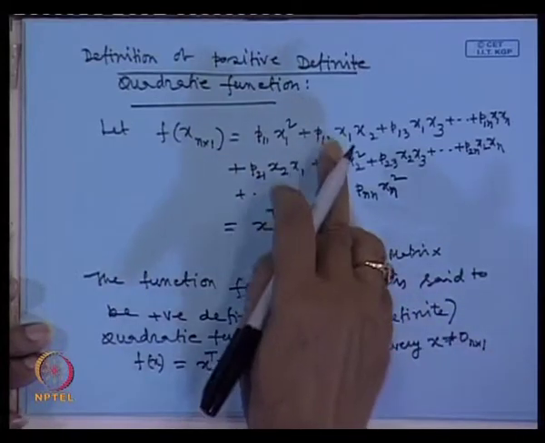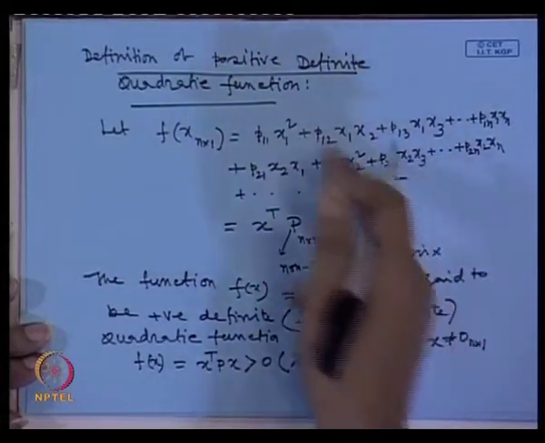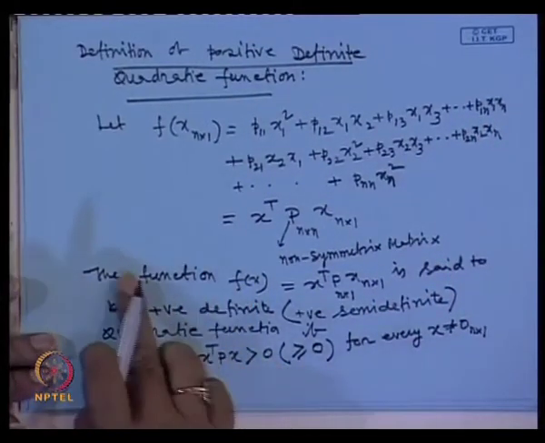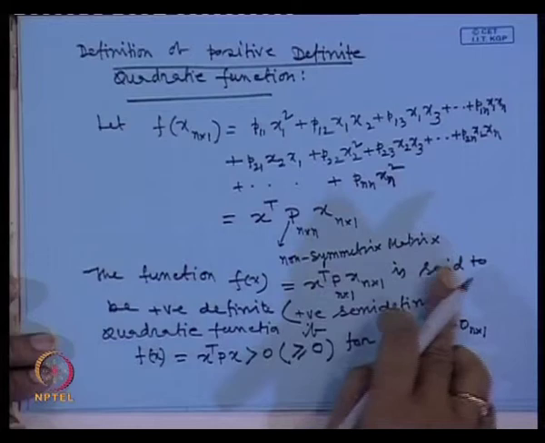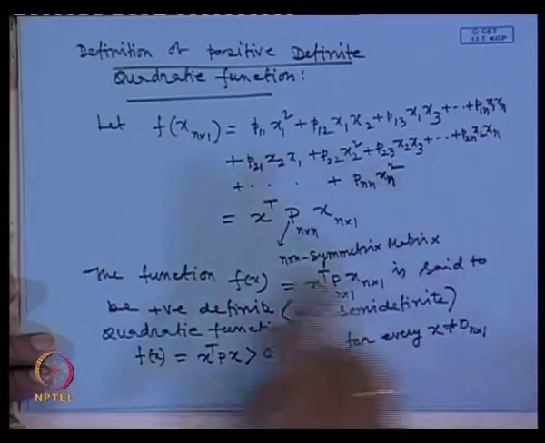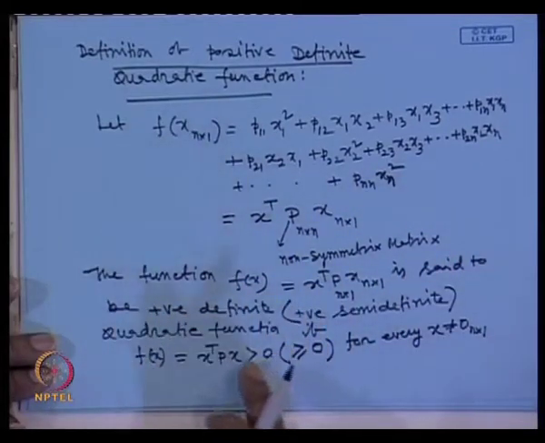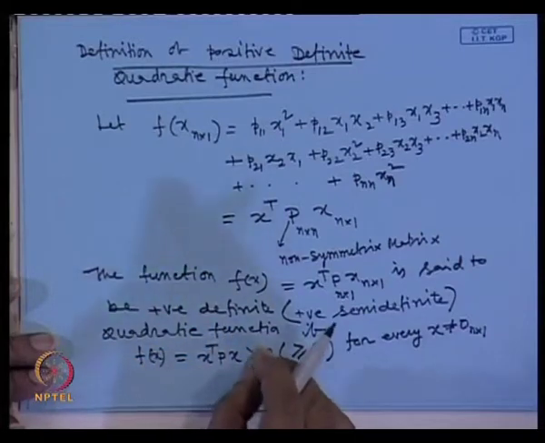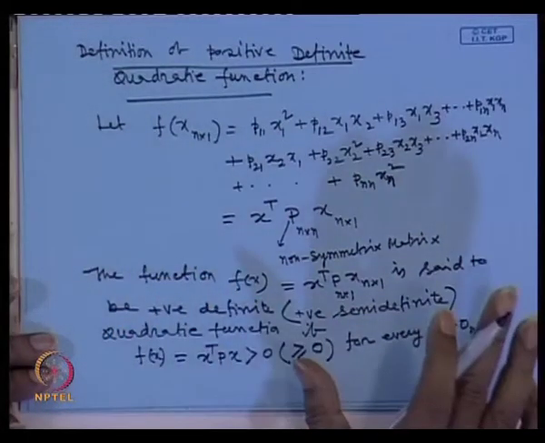When x is equal to the null vector, x 1 is 0, x 2 is 0, and this function value is 0. So, I repeat once again, f of x is said to be a positive definite function if the function value is greater than 0 for all values of x except when x is the null vector.